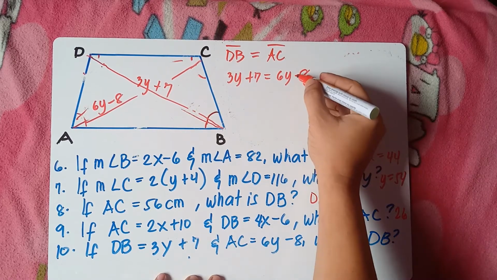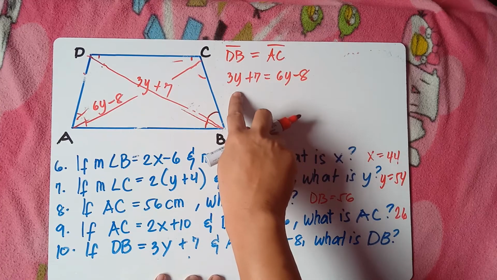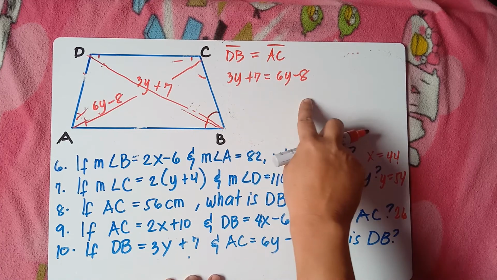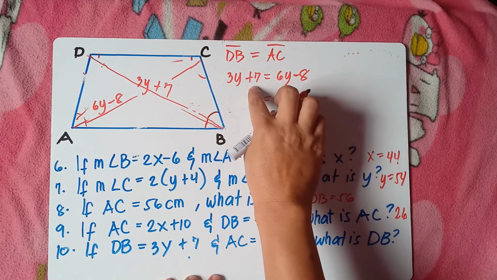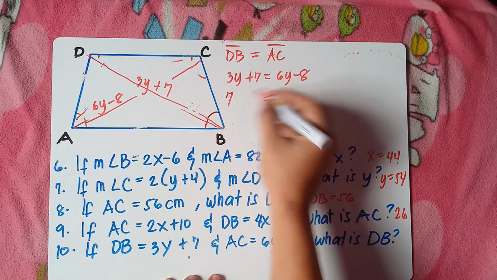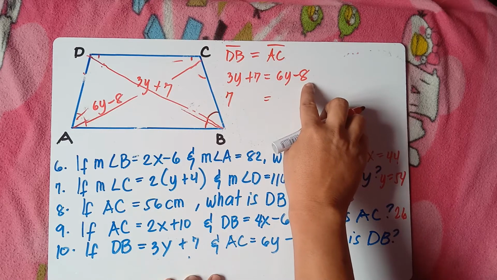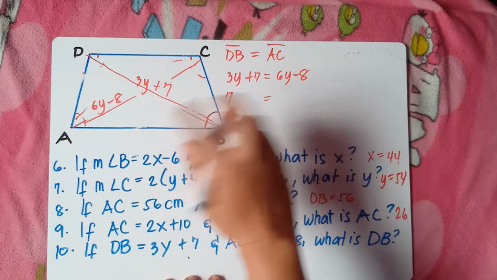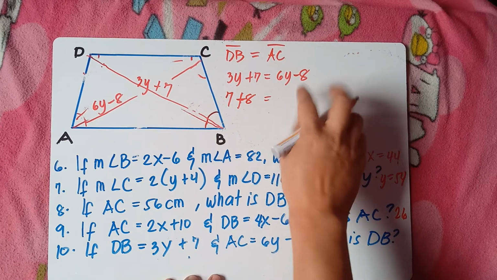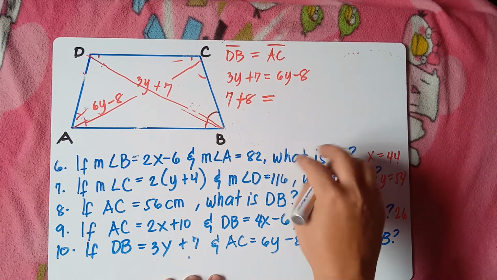Same thing as a while ago. We just transpose 3y from left to right so that our answer will be positive. So copy 7, 7 will stay on the left side. 7 transpose 8, it becomes positive. This is negative, you change that into positive. Do not forget, once you transpose an equation with this equal sign, you change the sign.